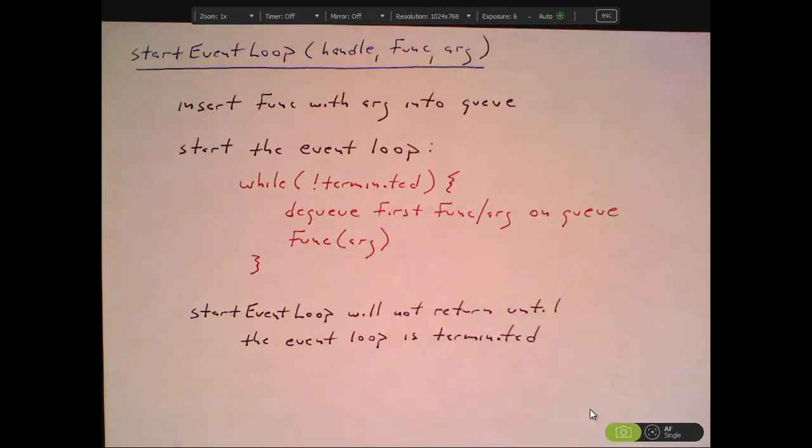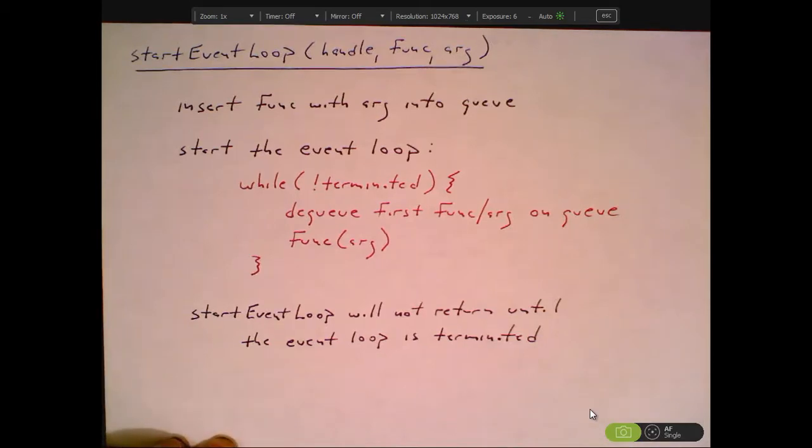We're just using a single thread to execute the event handlers one after the other, and we're executing the handlers in the order that the events occur. But that's not to say that there aren't other threads out there generating events. But the event loop itself is running single-threaded.